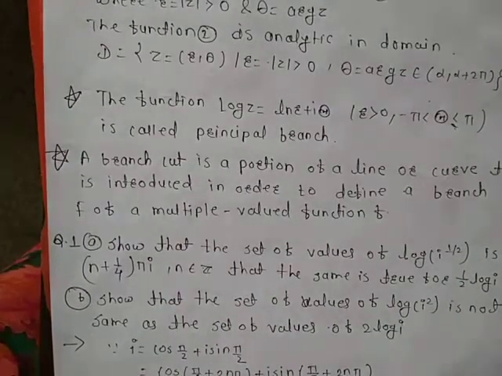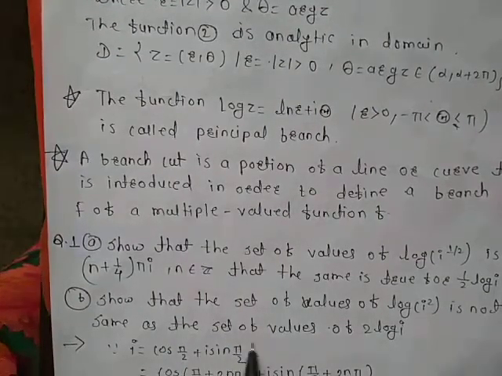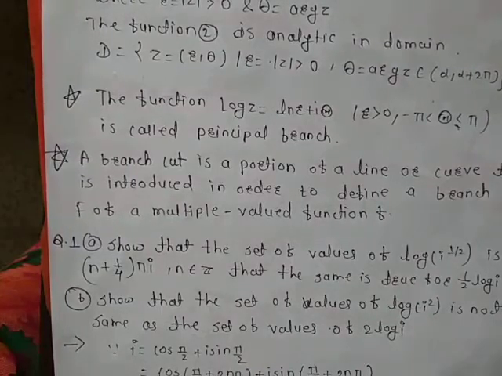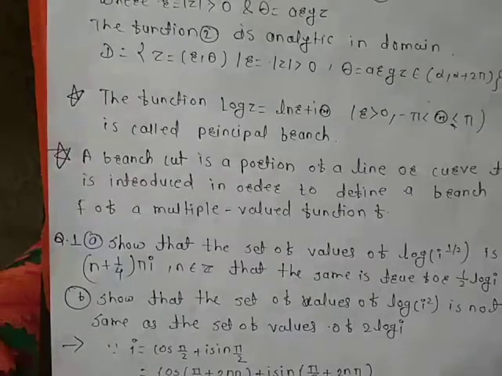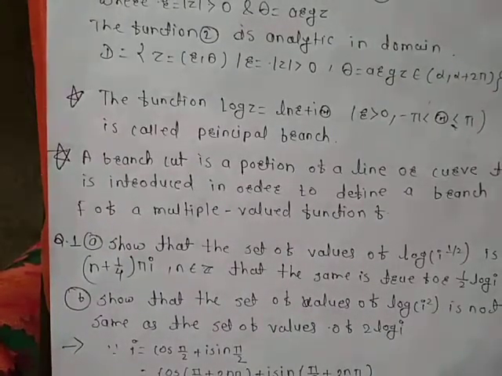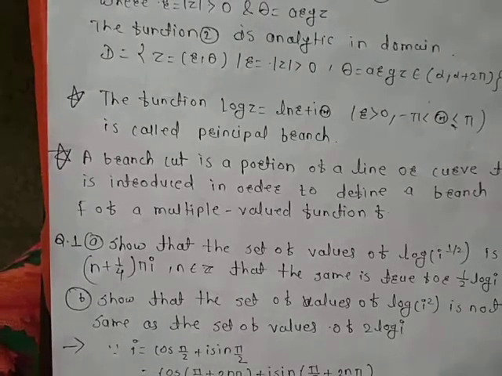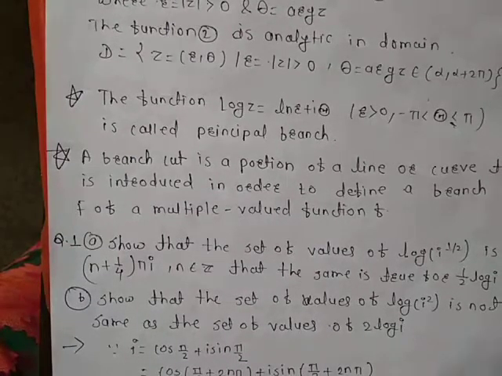But this pi by 2 is only one value. We will add 2n pi. So we get cos(pi by 2 plus 2n pi) plus i sin(pi by 2 plus 2n pi). By Euler's formula, this can be written as e raised to i(pi by 2 plus 2n pi), n belongs to Z.